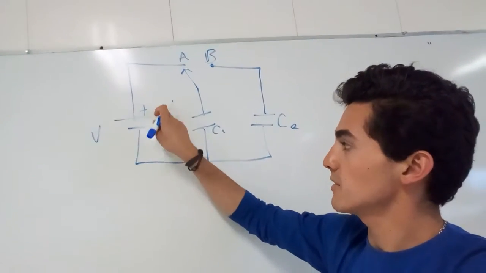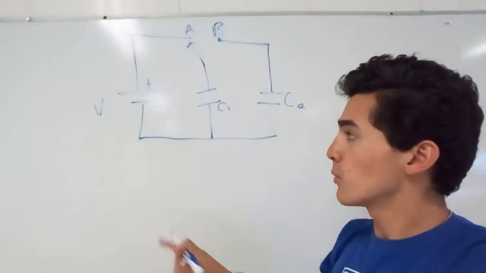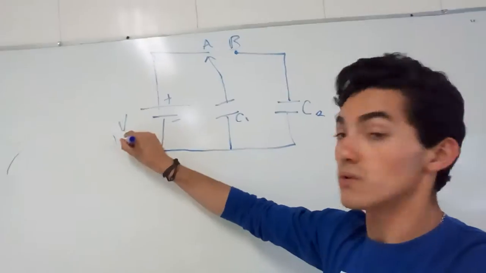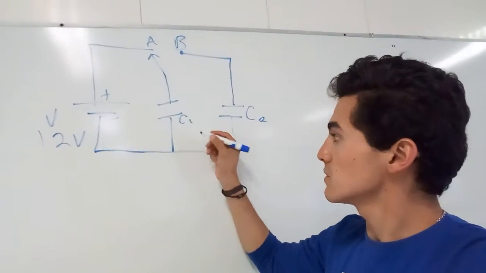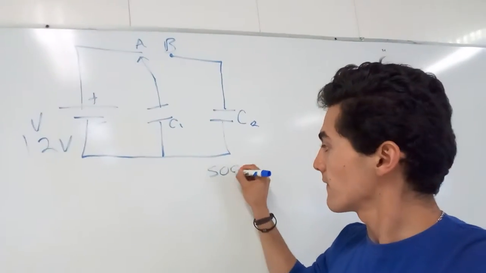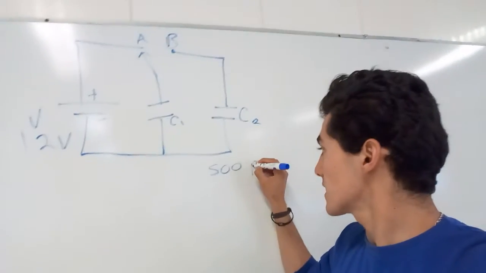Here is the positive part and here is the negative part. We know that our battery is 12 volts and capacitor 1 and capacitor 2 are 500 picofarads.